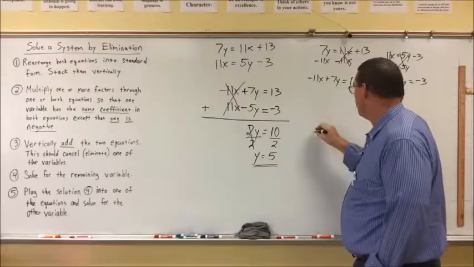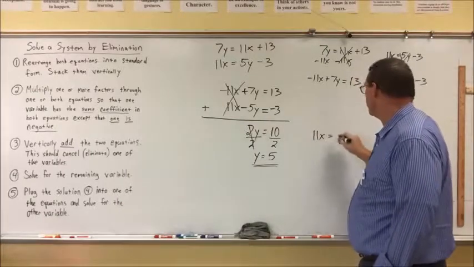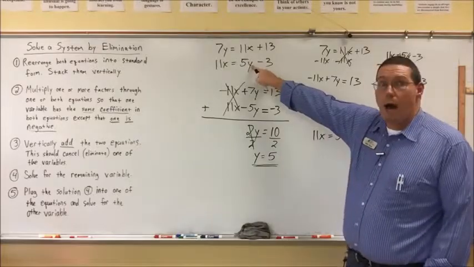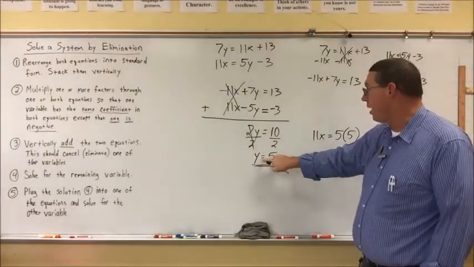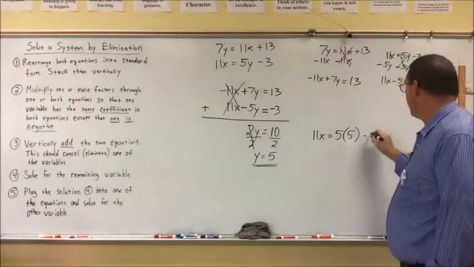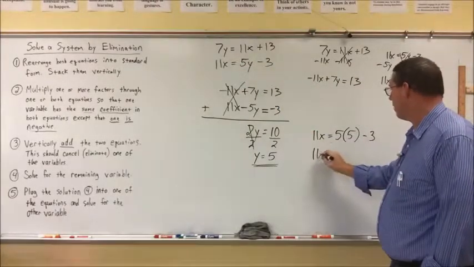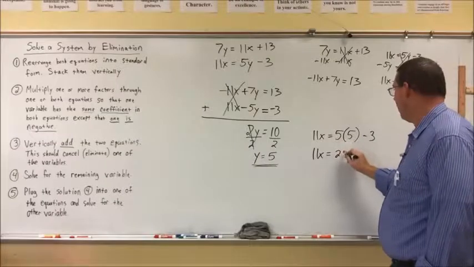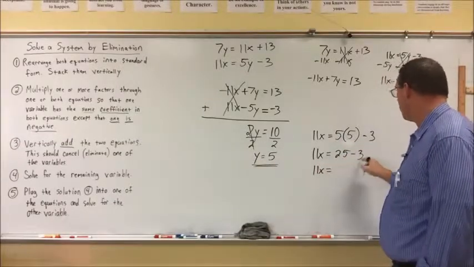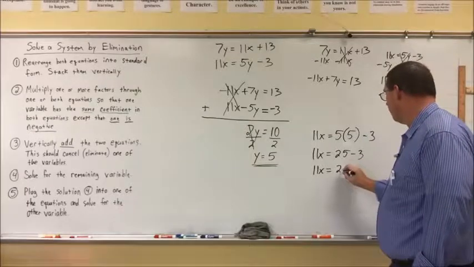So over on the side, I'm going to do 11x is equal to 5 times 5 minus 3. I'm replacing the y with the 5 because y is equal to 5. So I've got 11x equals 5 times 5 is 25 minus 3, and 25 minus 3 is 22.